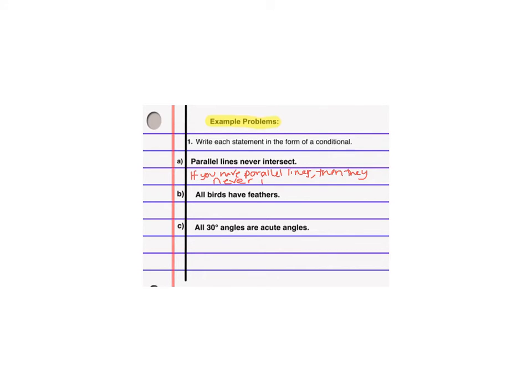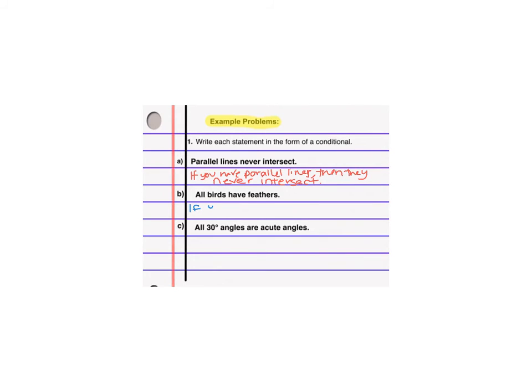So we're just changing this into a conditional if-then form. This doesn't mean that this is the only right answer. There are other ways you could write this. So try B, try C. I'll go over them as well.